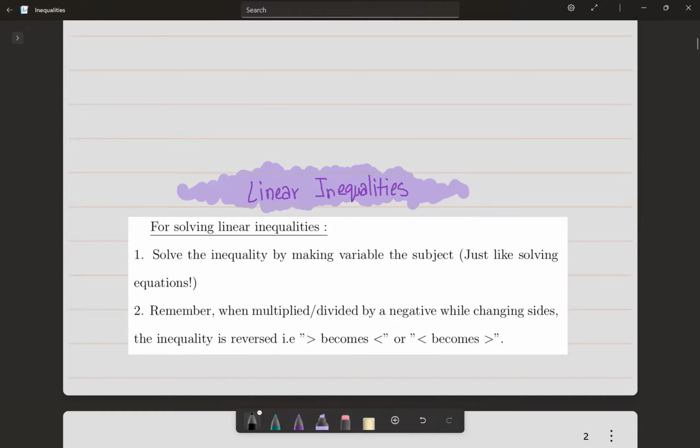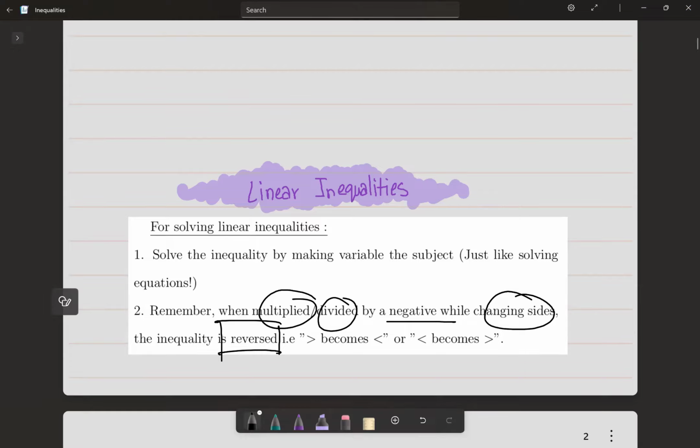Then we have to remember one thing: when we multiply or divide by a negative number while changing sides, the inequality is reversed. That is what we need to keep in mind.